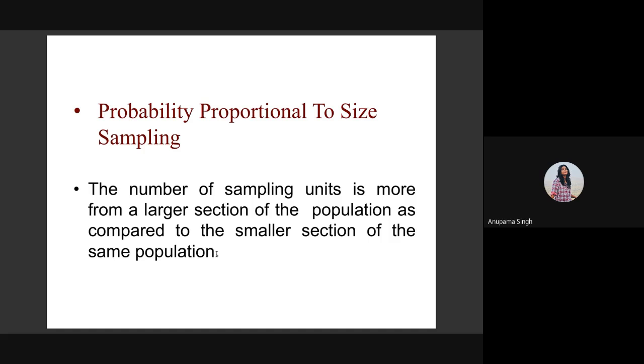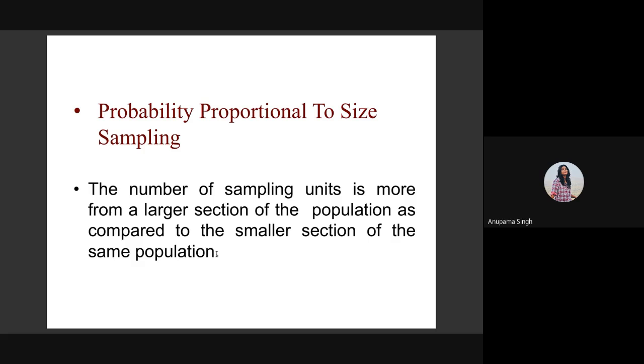But if we are not doing it in that manner, if we are taking 10,000 from each and every geographical area, then that particular sample from that geographical area may not be representative or may not be good enough in number. So what we do is probability proportional to size sampling, right?